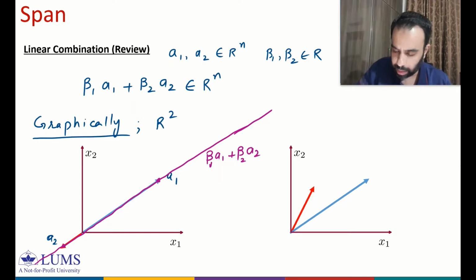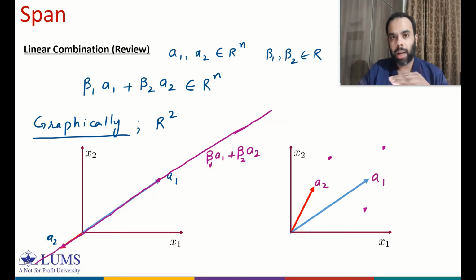In fact, any point in R2, say this point, or this point, or this point, can be expressed as a linear combination of a1 and a2. So if I define a set that is the linear combination of these two vectors a1 and a2, that set would be the complete two-dimensional space R2.